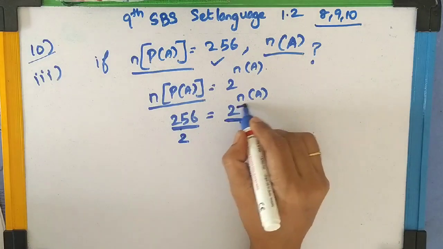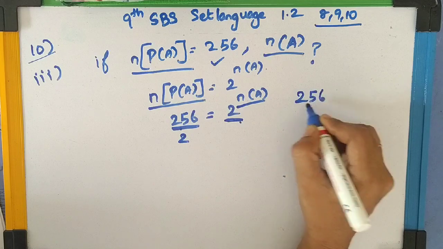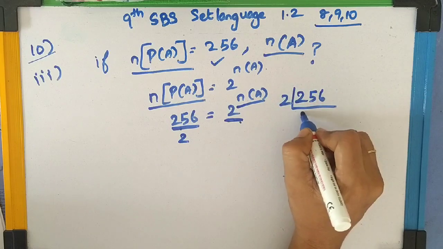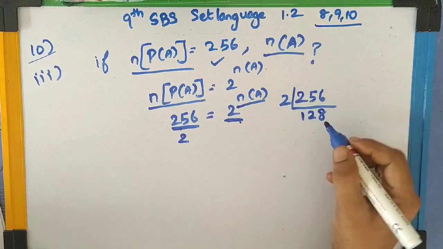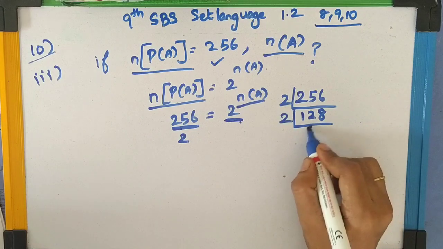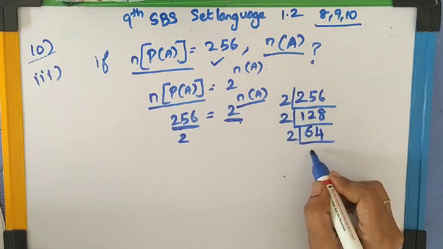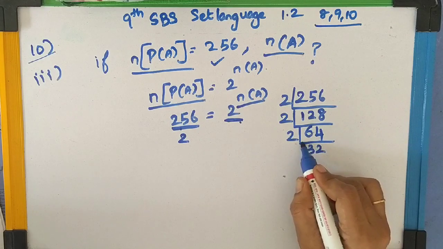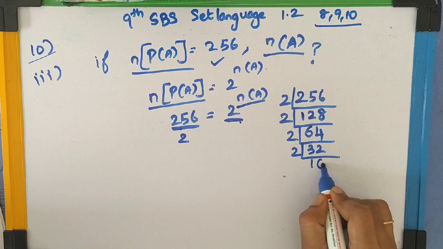Can you understand? Wait, let me explain to you in detail. If we divide 256 by 2, we get 128. If we again divide it by 2, we get 64. Now again divided by 2, we get 32. Then again dividing by 2, we get 16.